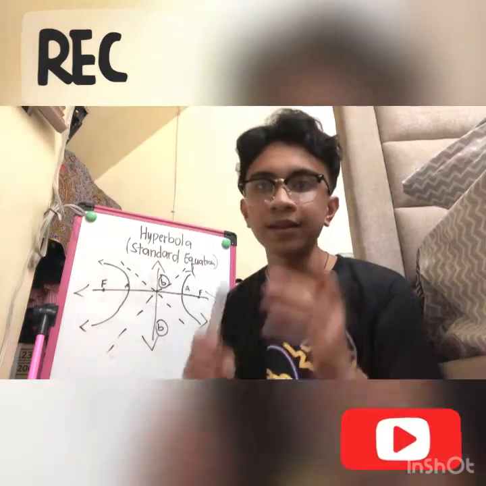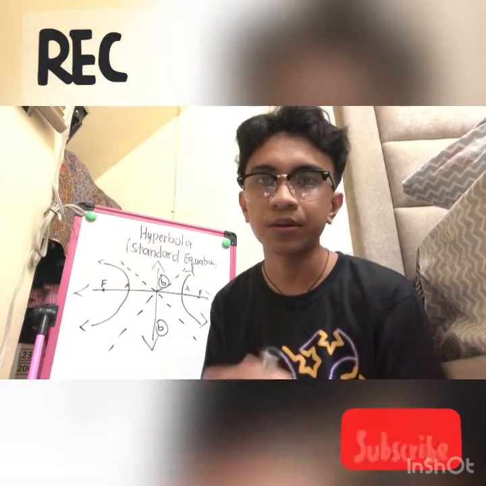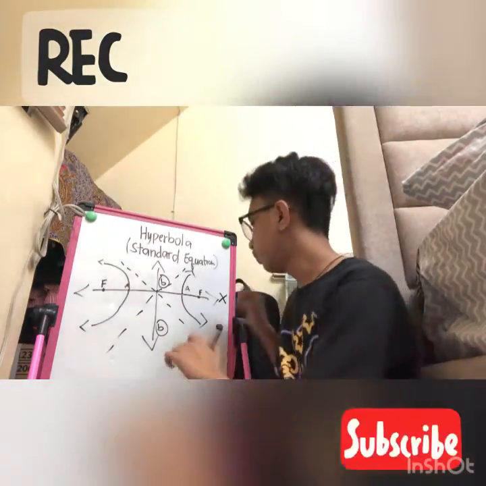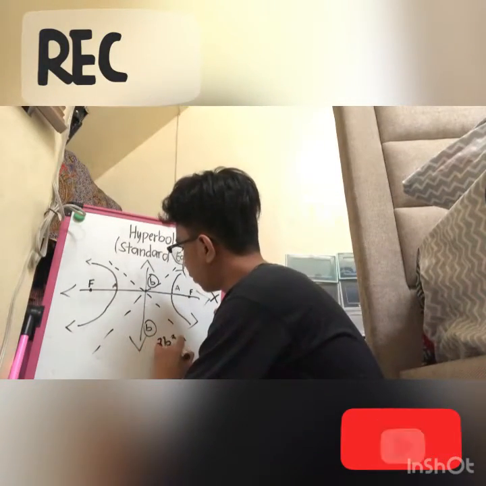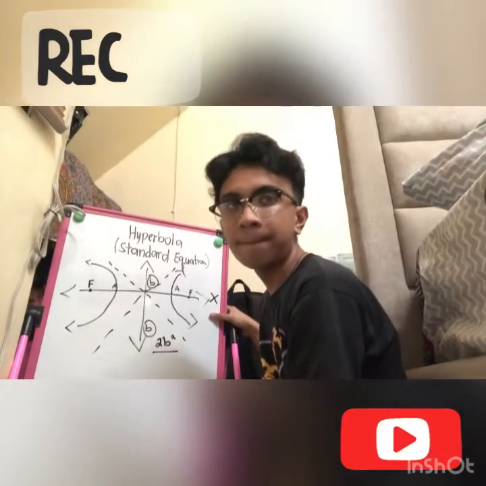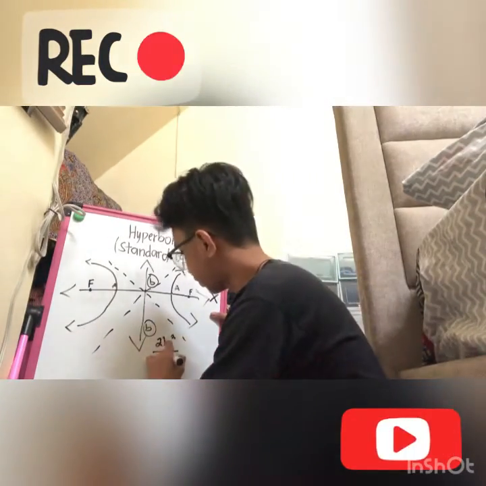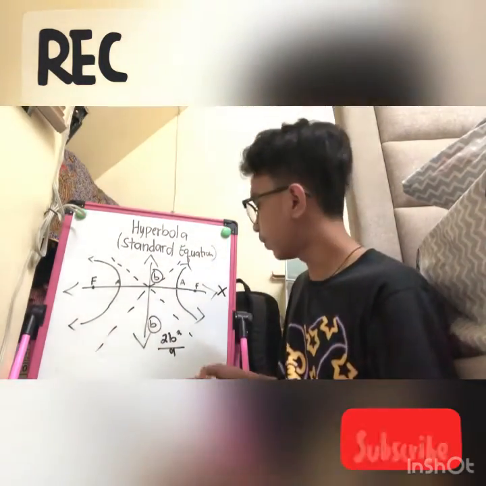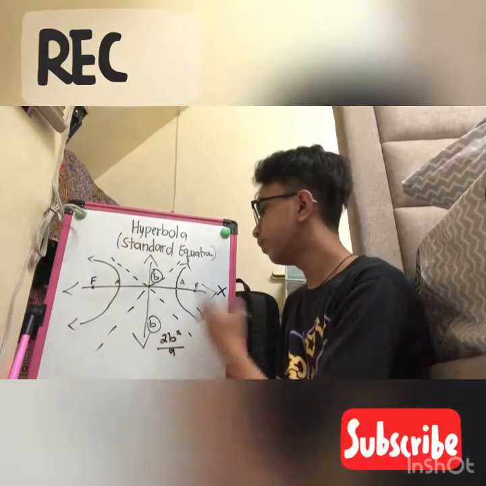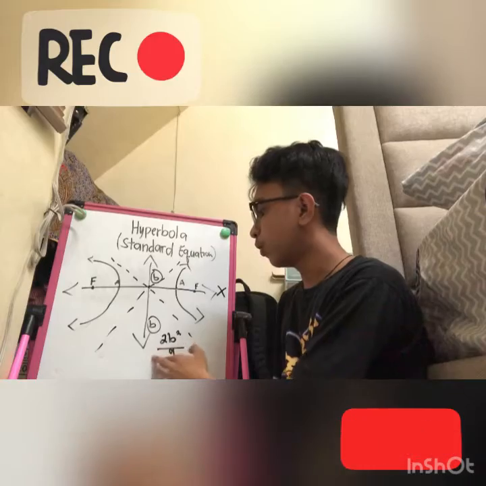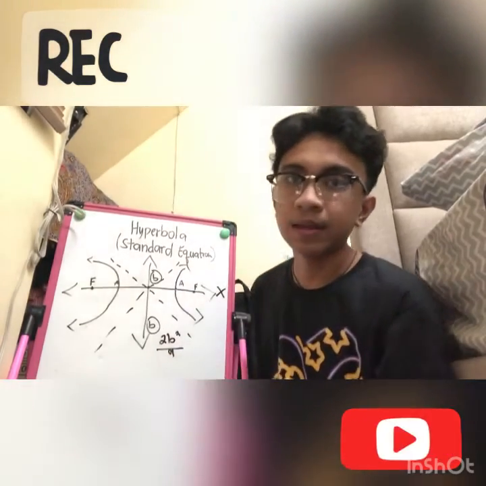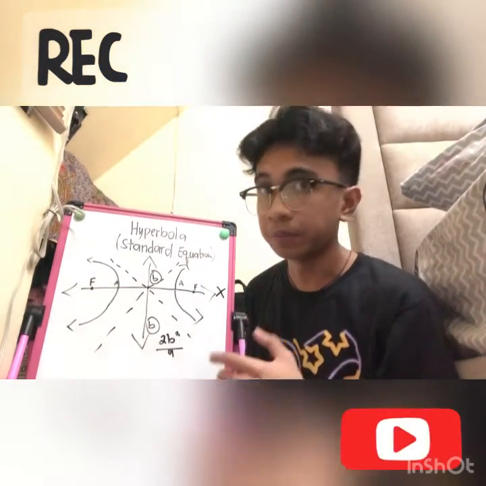To find the latus rectum, the formula is 2b squared over a. So, take the value of b squared, times 2, divided by a, and that's the latus rectum.